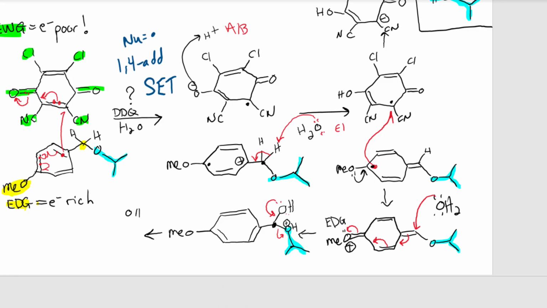Ultimately, this will give us our desired deprotected alcohol, our goal. But it's also going to give us the aldehyde as a byproduct. So desired deprotected alcohol, byproduct.